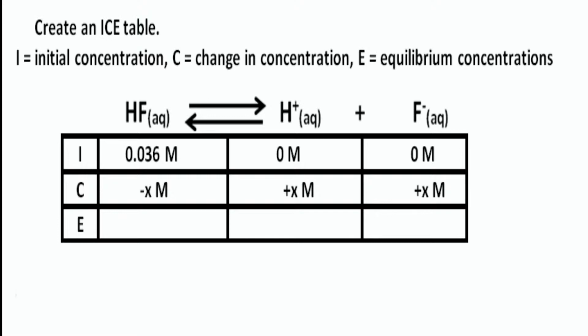Therefore, these concentrations are represented by plus X. At equilibrium, the concentration of the hydrofluoric acid will equal 0.036 minus X. And of course, the concentrations of both hydrogen ion and fluoride ion at equilibrium will be represented by X. This data should be inserted into the ice table.